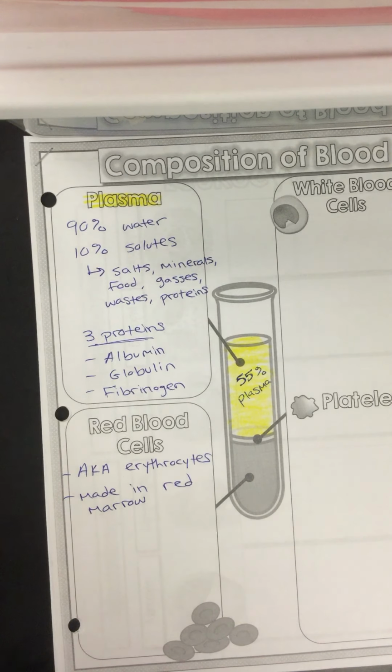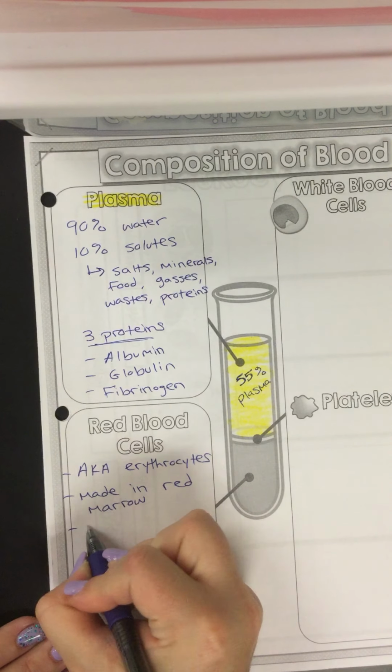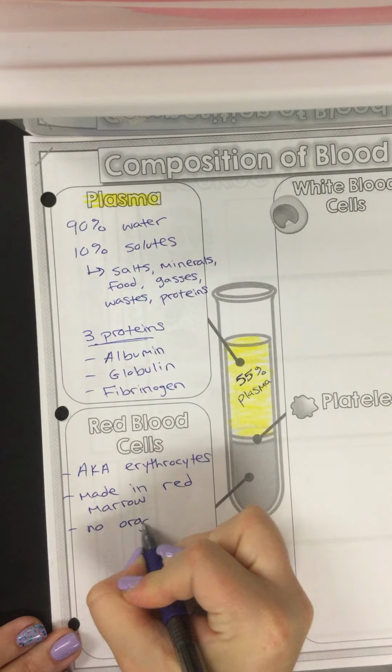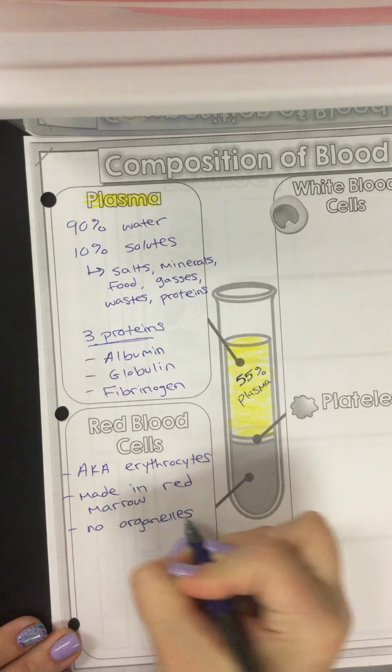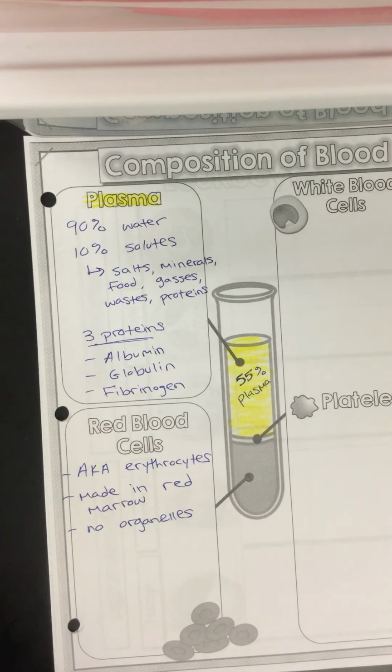Remember, like in long bones, it has that cavity in the middle where the bone marrow is. That's where these red blood cells are made. They don't have any organelles or a nucleus. They don't really need them. All they're going to do is carry oxygen. They don't need organelles.